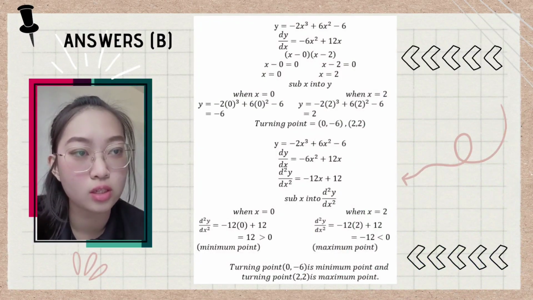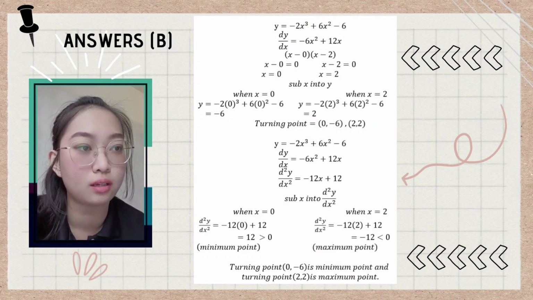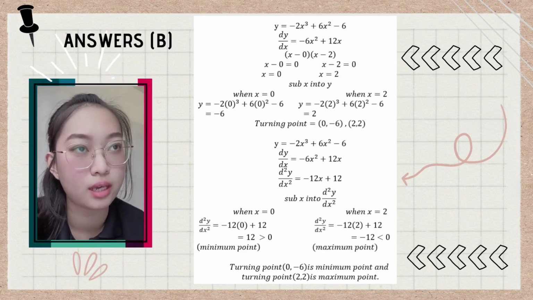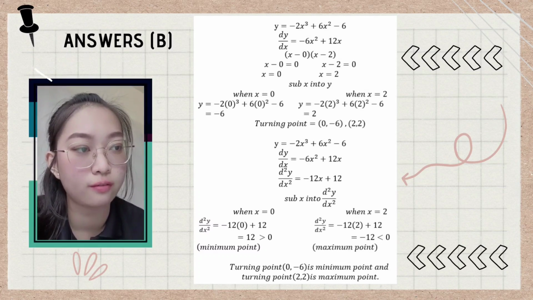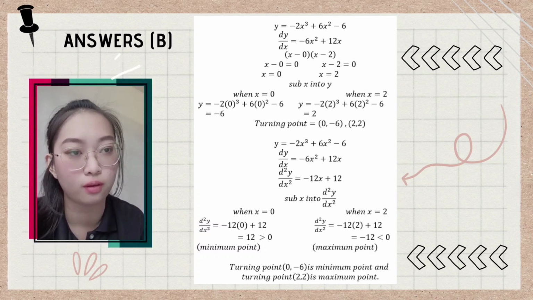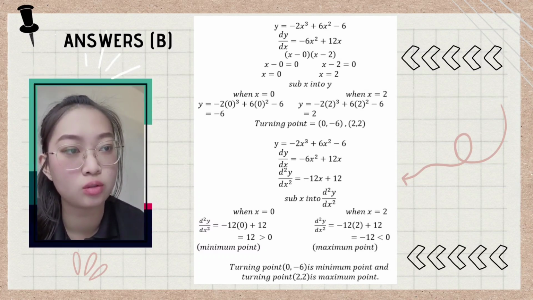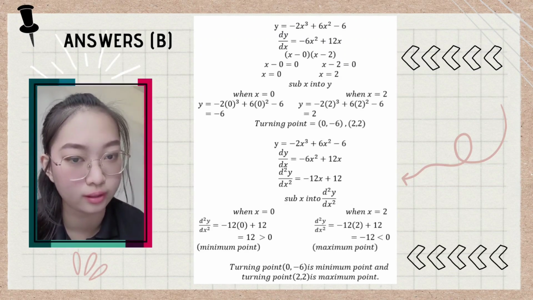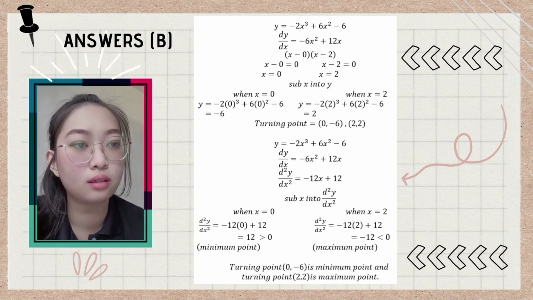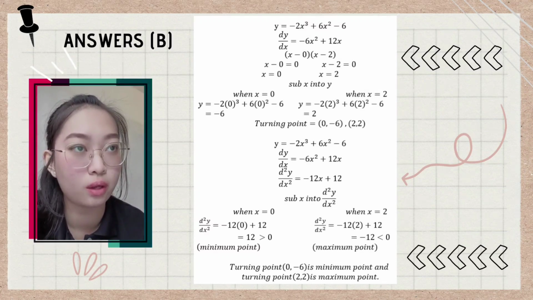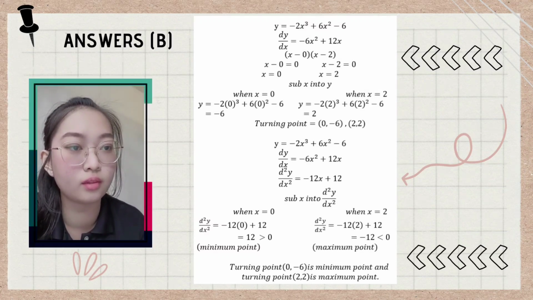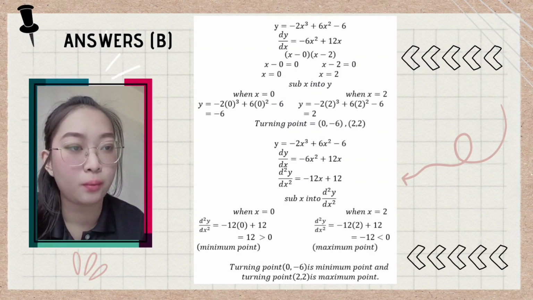For solving question B, y equals negative x cubed plus 6x squared minus 6, we need to find dy/dx by using the first rule of differentiation with the formula dy/dx equals nx to the power n minus 1. Then we find dy/dx equals negative 6x squared plus 12x. We need to factorize dy/dx.